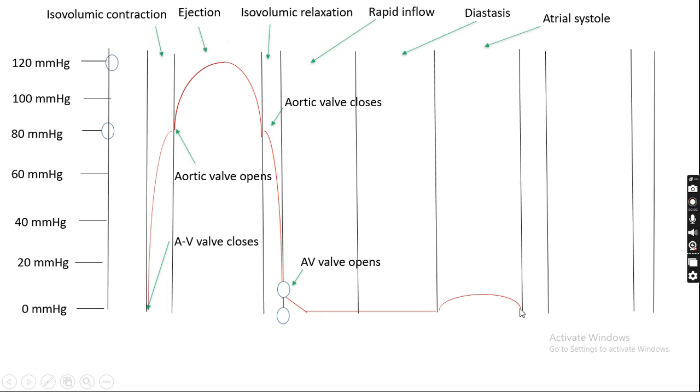After that, the cycle repeats, and here again the atrioventricular valve closes by the left ventricular pressure, and the left ventricle becomes isovolumetric, and here the contraction begins.